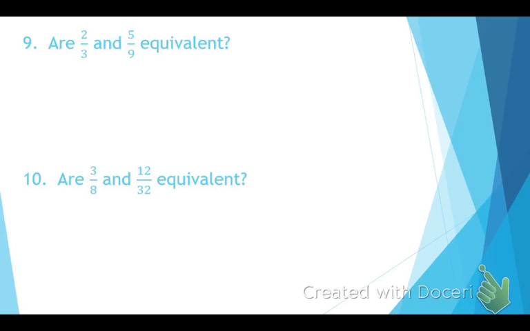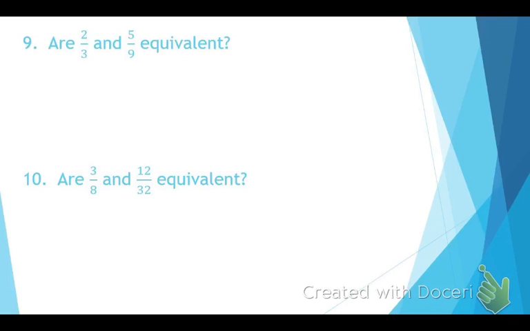Okay, if you guys would turn to the very back of your green paper, and I want you to write down question number 9 and 10. All right, so these are going to be important. I did not put them in your notes, but I did want to go through a couple examples because you are going to have some things that you see like this next week on your quiz and your test. The first one asks, are 2/3 and 5/9 equivalent?